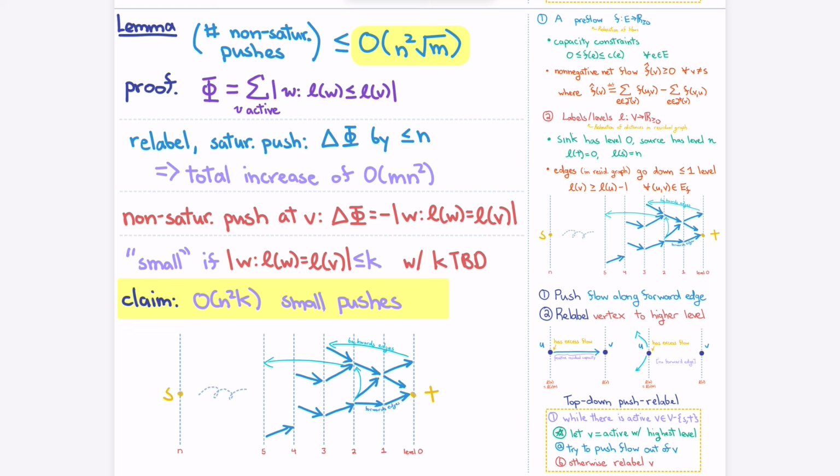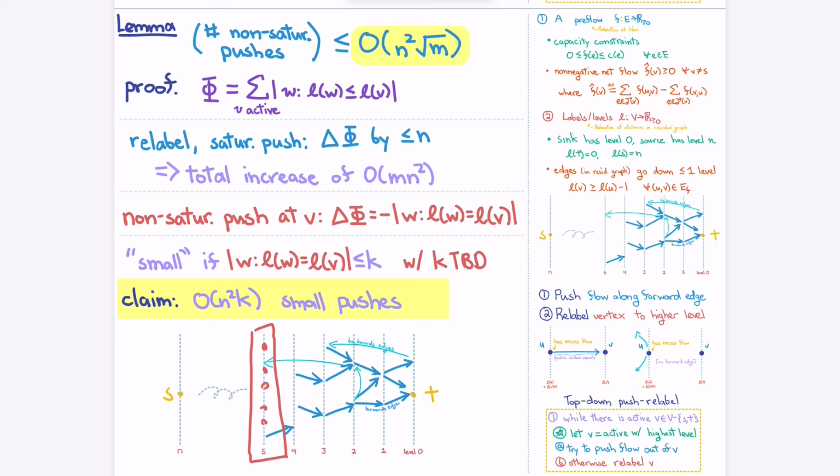Okay, so here's what we're going to do. Let's say all the active vertices are at this level. And let's define a phase as I stick to a level and I keep pushing, pushing, pushing until there's nothing left at the level. The next highest level probably goes down. Or I relabel and it goes up. So as long as I'm staying on the same level, I'll call that a phase.